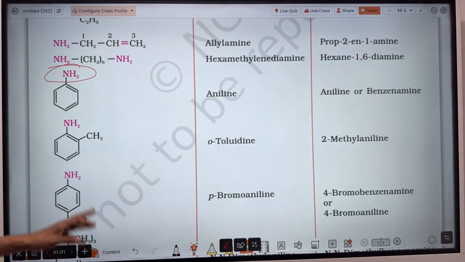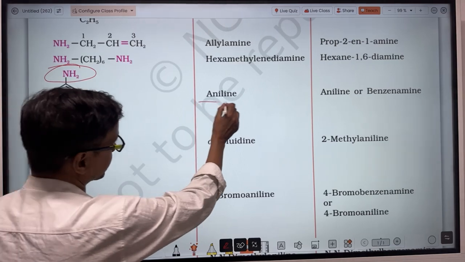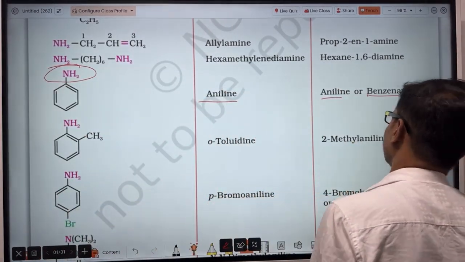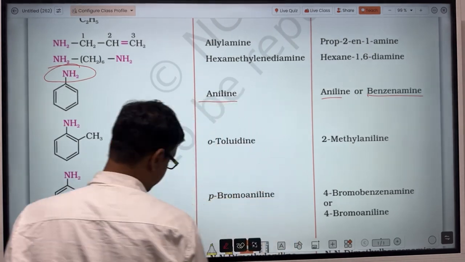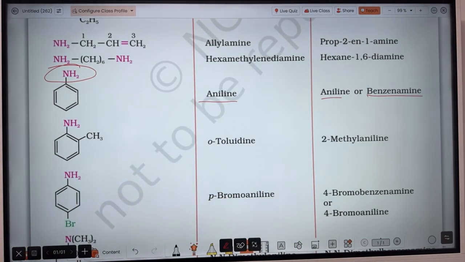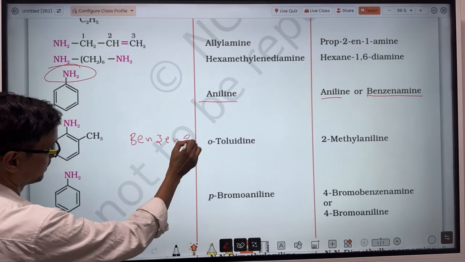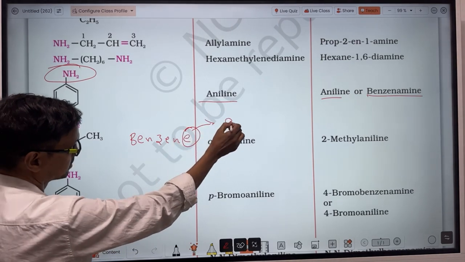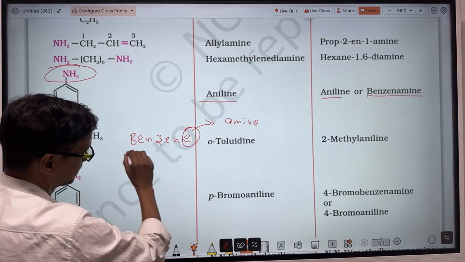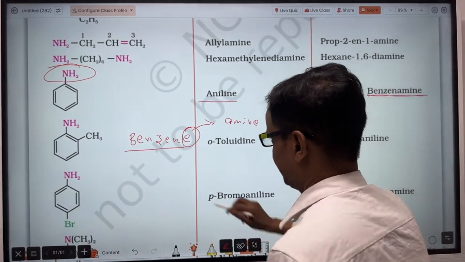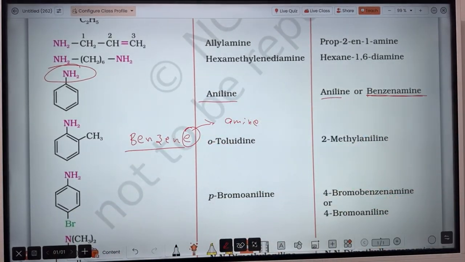So here the NH2 group is bonded to benzene. The common name is aniline and the IUPAC name is aniline, or you may write benzenamine also. In benzene, the e will be replaced by amine. So that's why the name has become benzenamine.